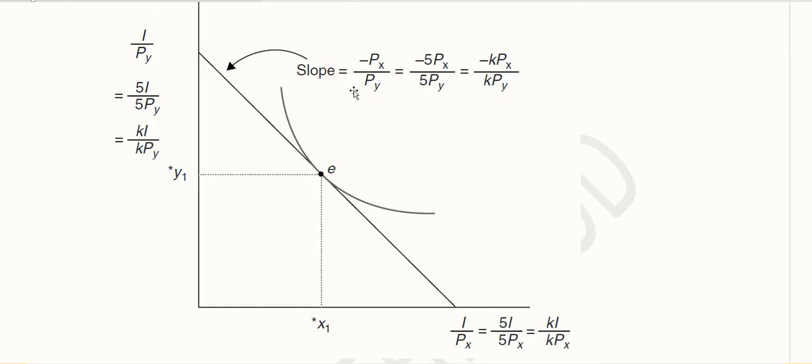The standard form of the formula is minus px divided by py, and here what we can see is that we have introduced 5 because prices have become 5 times, both of x and y good, and generally speaking it is k, so I can write k as well, but in both cases these will be cancelled out and it will revert back to the original formula. So the slope, the formula, remains the same, and the budget line will remain where it was, and the equilibrium will also remain unaffected, and the consumption points will also be the same.